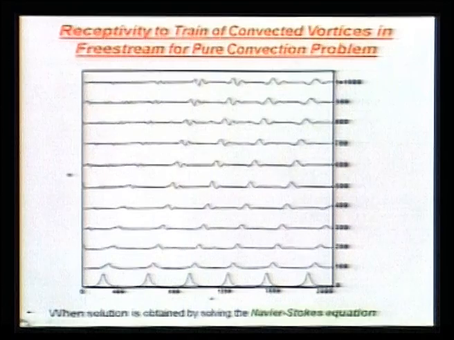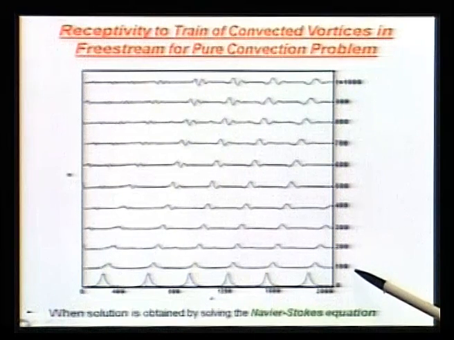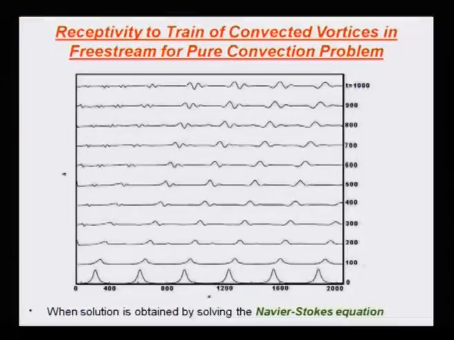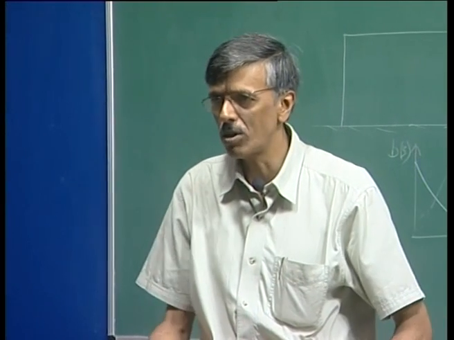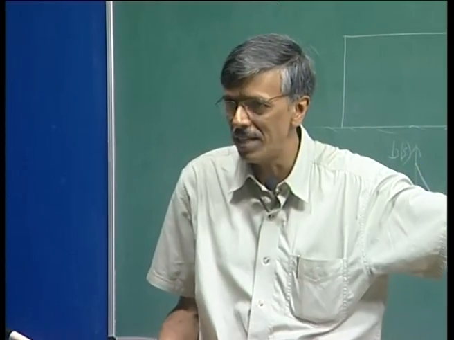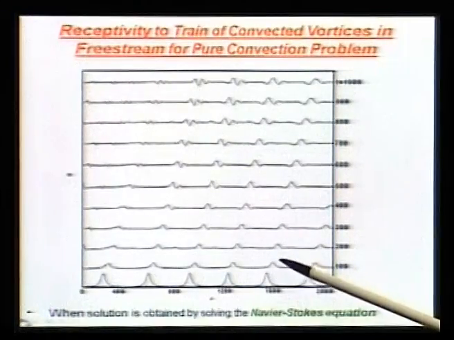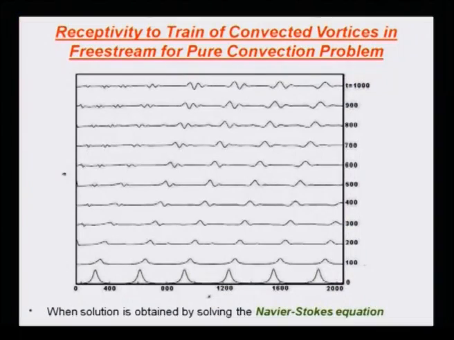And at t equal to 100, what happens? That same disturbance actually decays, because we have seen that the neutral curve c equal to 1 corresponds to a very decayed solution, and that is what you are seeing. This peak is coming down.